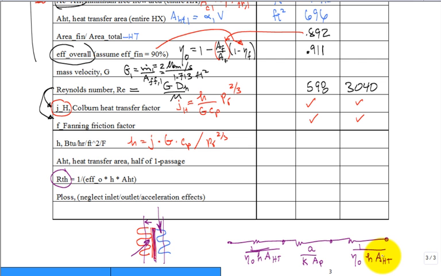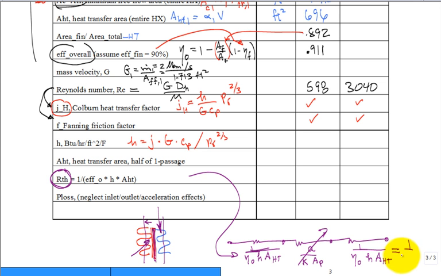So what I like to do is get the resistance for this term right here. This one is negligible. You can make the calculation. It's truly negligible. And then for this side right here, you can make the calculation again. So you're going to need the efficiency for both sides, the area heat transfer of both sides, and the convection coefficient of both sides. And now if I sum those up, I get the total resistance.